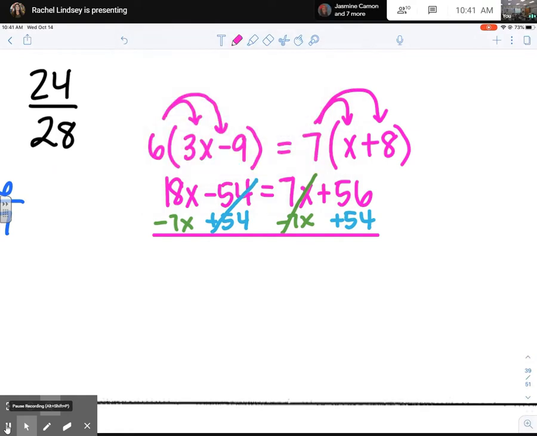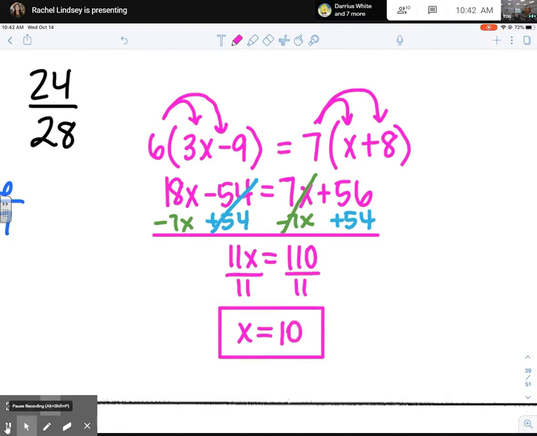Okay, so 18x minus 7x is 11x. And 56 plus 54 is 110. And divide by the 11, and you have x equals what? 10.